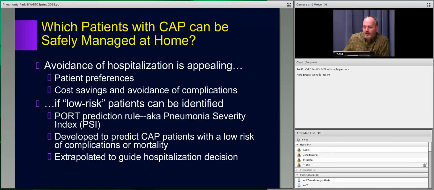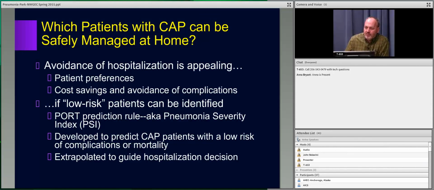They'll list on the order of a week to a month's worth of salary to avoid hospitalization. That's a lot of money. And plus, if you can keep someone at home and let them take pills instead of admitting them to the hospital, it's going to be markedly less expensive, and there'll be a much lower risk of complications. Okay? But we need to be able to identify low-risk patients.